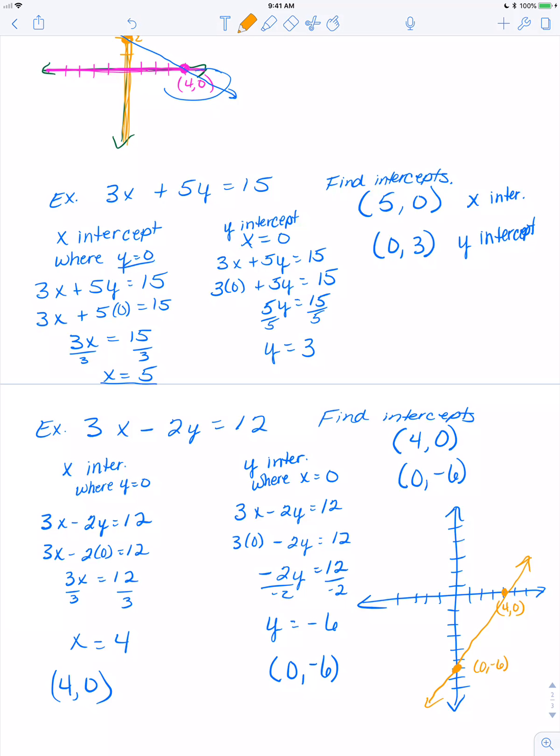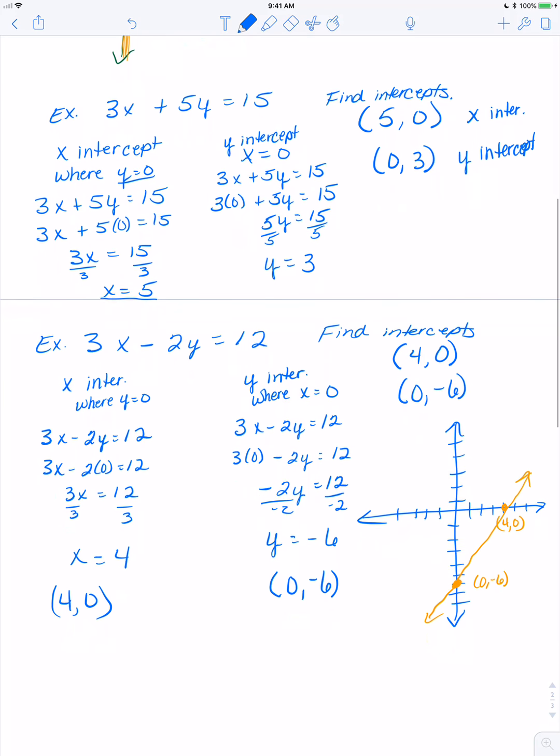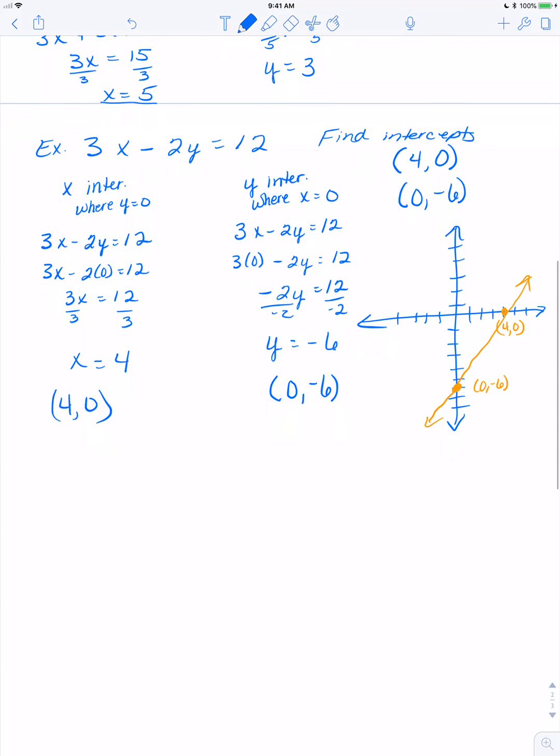Okay, so hopefully we sort of understand that. Now another way to graph some of these equations is to put them in slope-intercept form. And that form is y equals mx plus b.